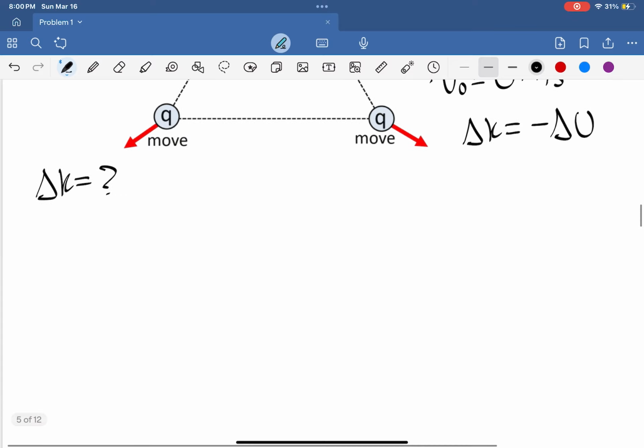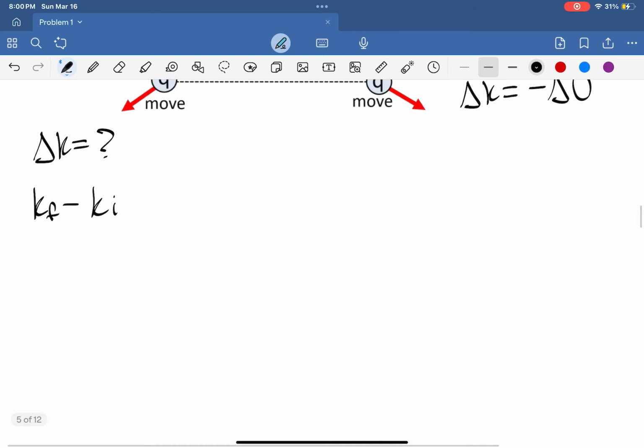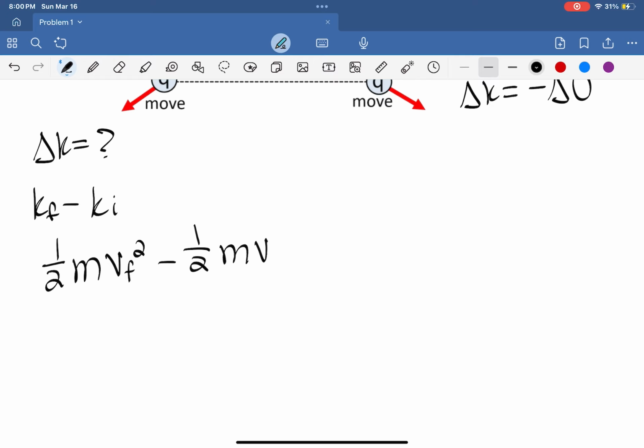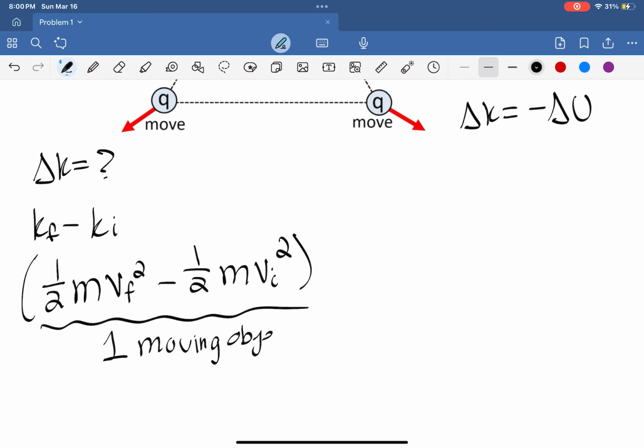We have some K final minus a K initial. Well, K final is 1/2 mass times velocity final squared, minus 1/2 mass times velocity initial squared. But this is only for one of the moving objects. We need two of them, and their velocities and their masses are exactly the same.